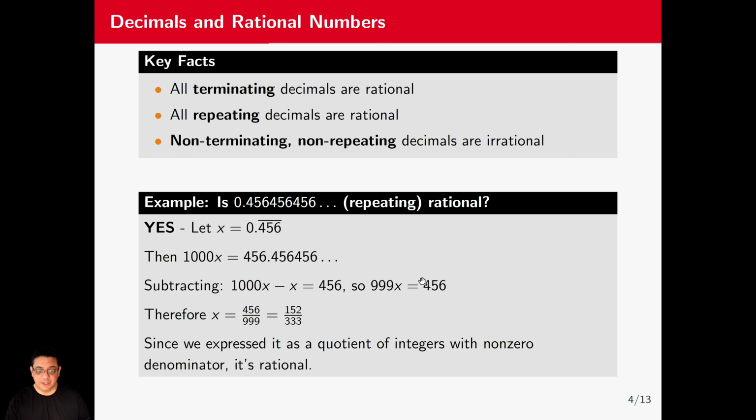So this tells me that I can represent x as 456 over 999. I can simplify that to 152 over 333 by dividing by 3 up and down. But since we just represented this number as a quotient of integers with non-zero denominator, then it's going to be a rational.